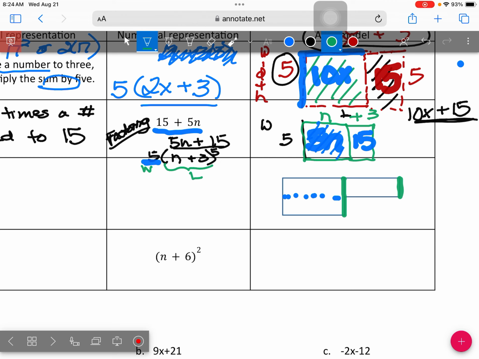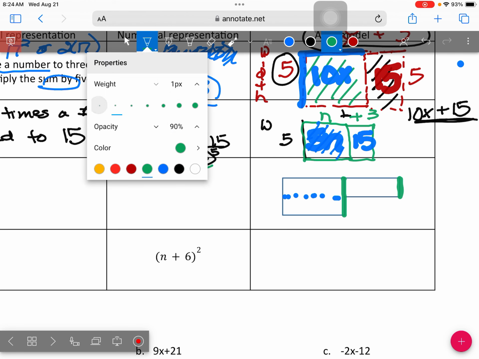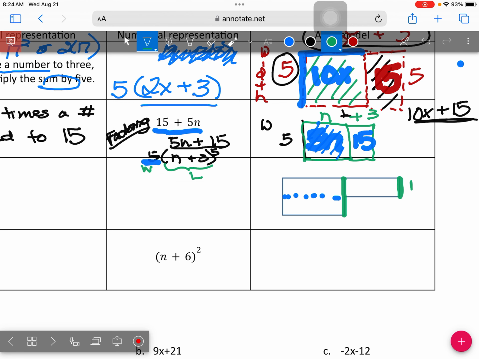I'm going to say this is a 1 over here, which means this length here would be what? If this is 1, and I said that looks like half of it, that would be 2.